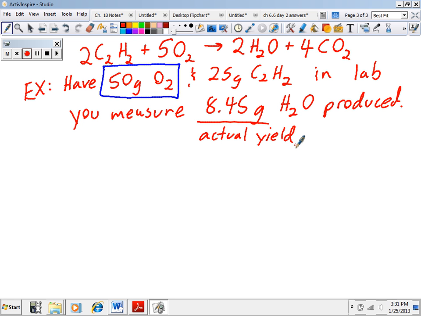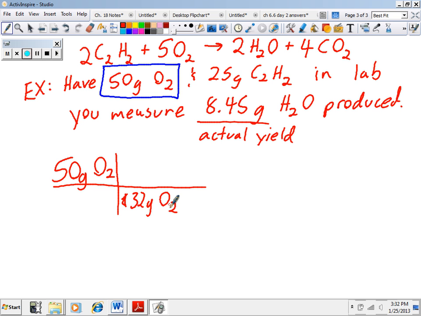Remember from the equation, we also need the theoretical yield, and that's just a stoichiometry calculation. We did it last time. Let's go through it really quick again. We always start with the limiting reactant. So 50 grams of O2, and we've got 32 grams of O2 is equal to 1 mole of O2. And here we use the molar ratio, which again was 5 moles of O2 to 2 moles of H2O.